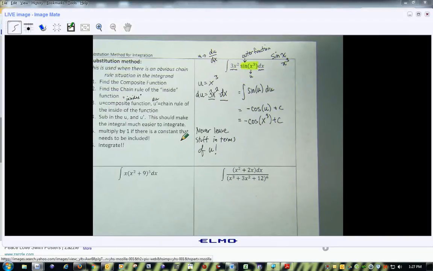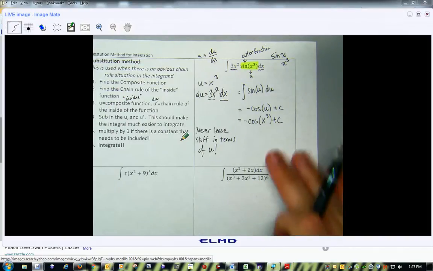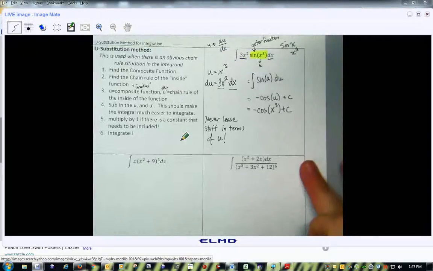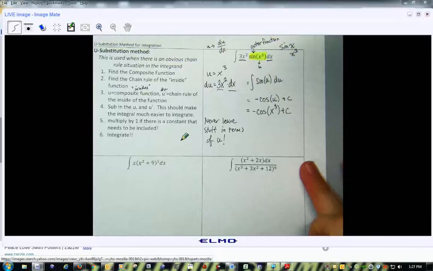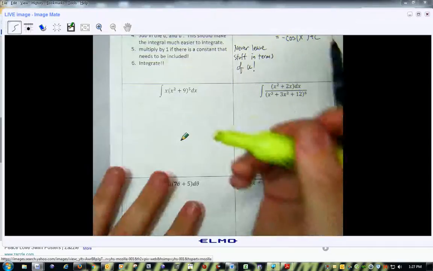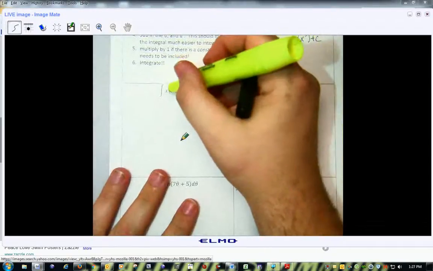All right, now, there's going to be a time when, first off, are we good with this first one? Now, what's the most complicated part of x times the quantity x squared plus 9 to the 5th power?